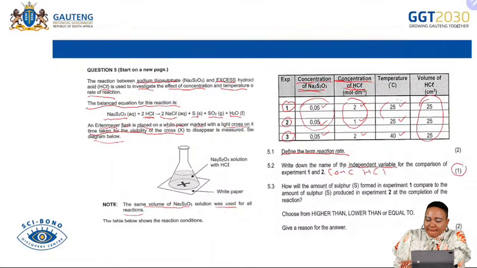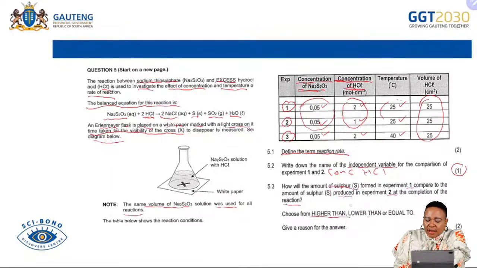How will the amount of sulfur formed in experiment 1 compare to the amount of sulfur formed in experiment 2 at the completion of the reaction? Definitely, we know that the higher the concentration, the more the number of particles per unit volume. They ask you to choose from higher than, lower than, or the same.